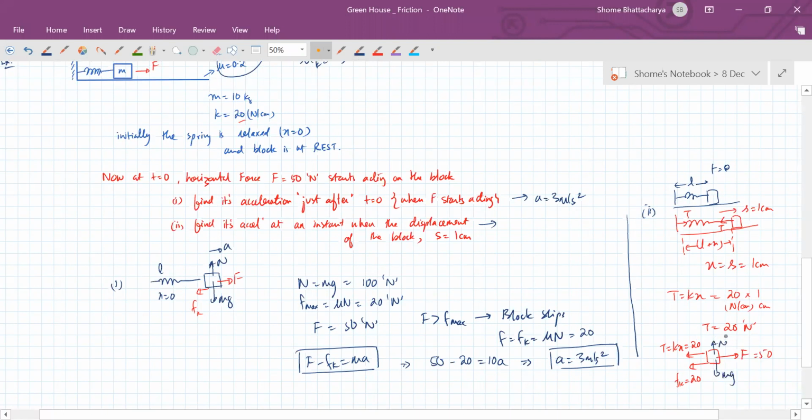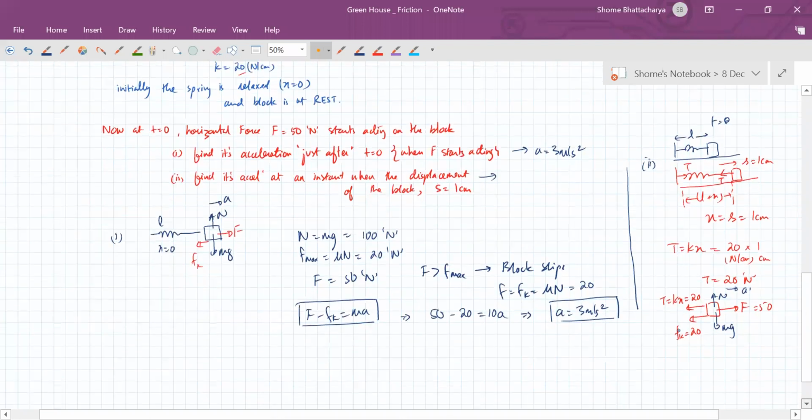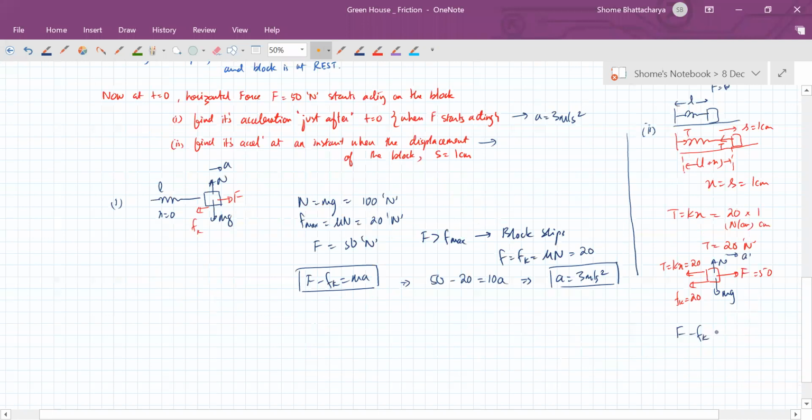So you can see the acceleration would have changed. Now the acceleration has become some A prime, let's say. So F minus kinetic friction minus spring force is equal to mass into the new acceleration. So 50 minus 20 minus 20 is equal to 10. The acceleration is reduced to 1 meter per second square.